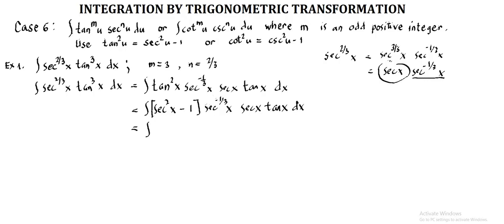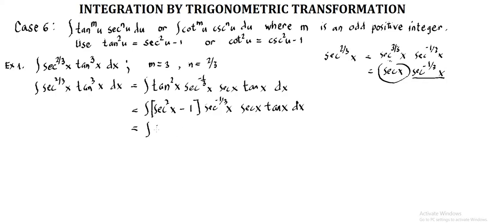Iring secant to the negative 1/3 x at saka secant squared x, mumultiply natin, so i-add natin yung kanilang exponents. So, itong 2, gagawin natin 6 over 3. So, 6 over 3 plus negative 1/3, that's 5 over 3.